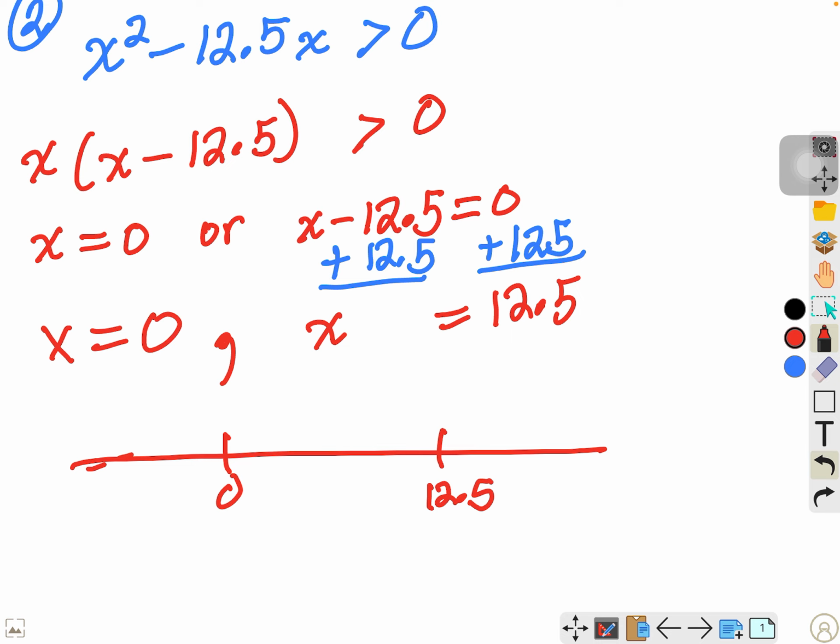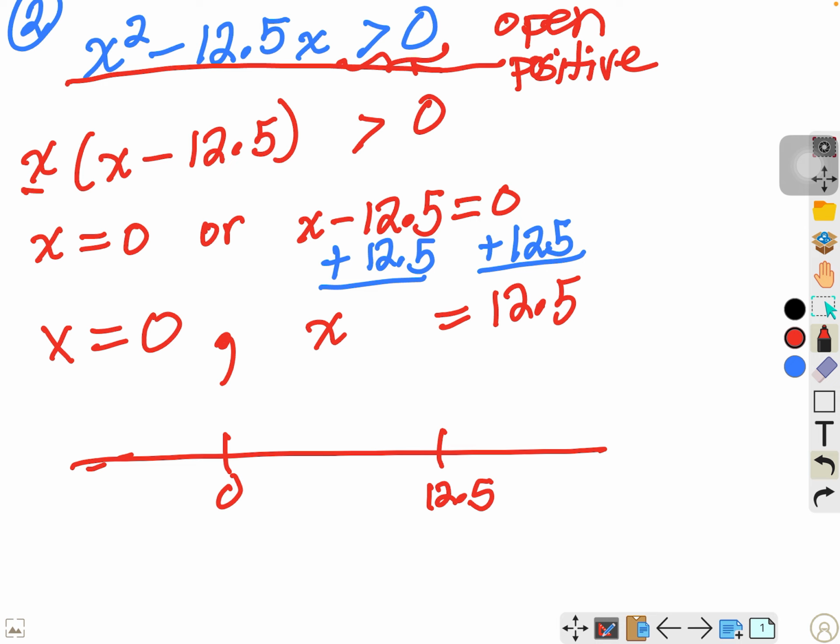Again, we have an open endpoint, and this time numbers that are larger than 0 are positive numbers. So we test our intervals. We can start with the original inequality or the factored form, okay?